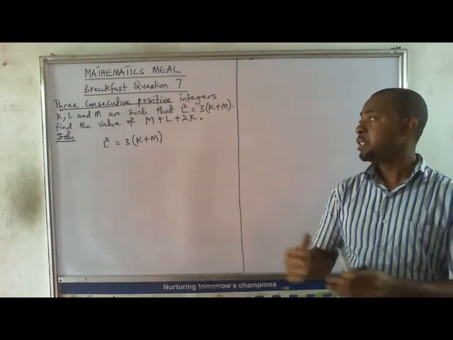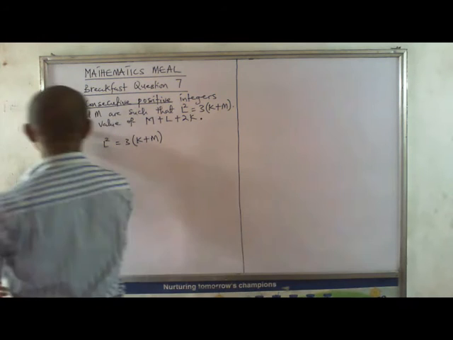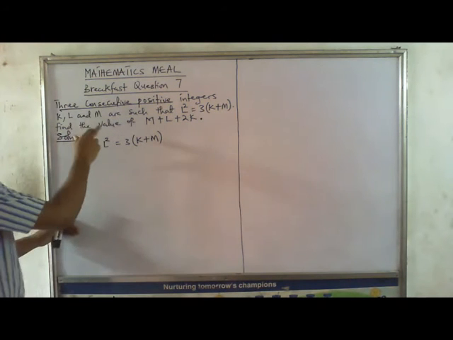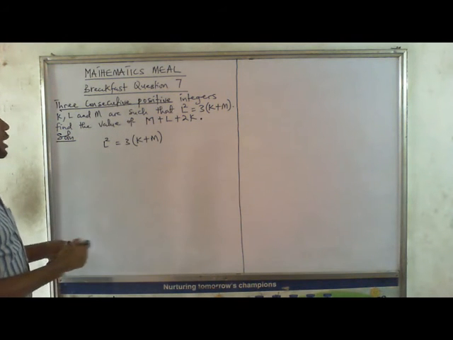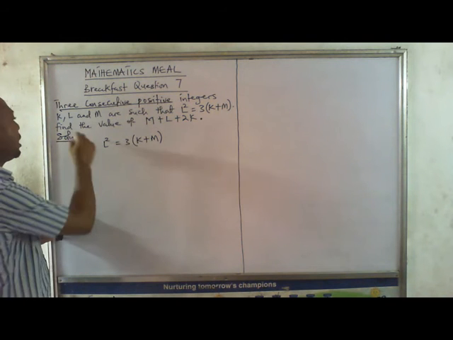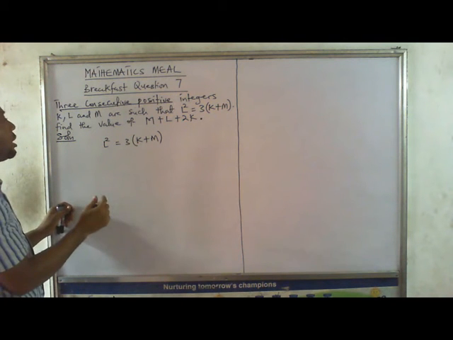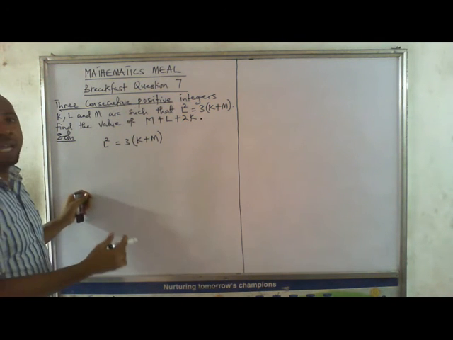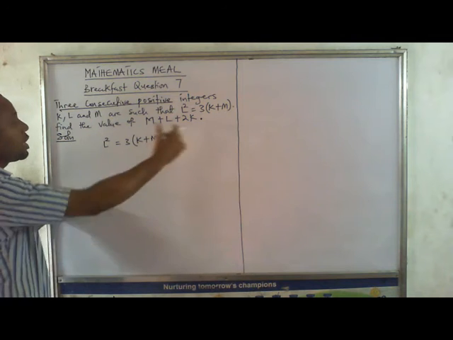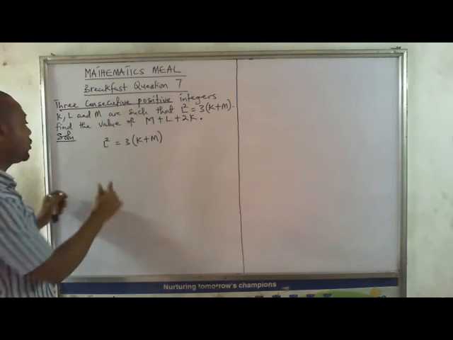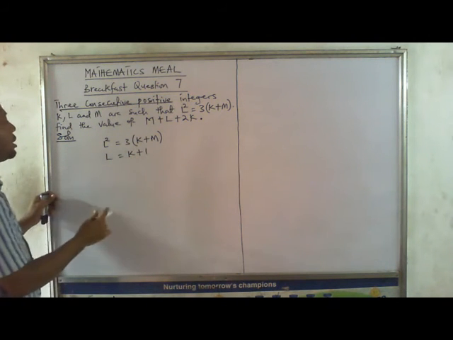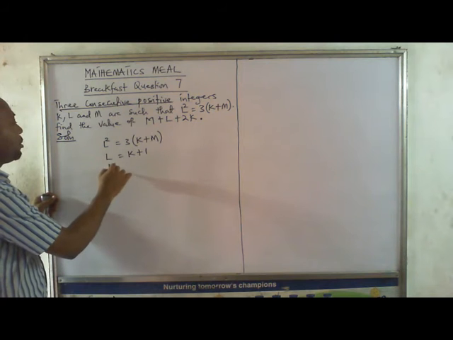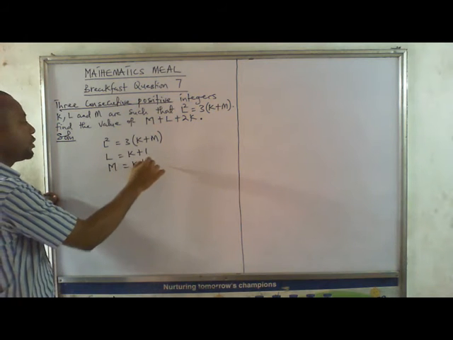So if k is the first number and l is the second number, then m is the next number. Since k is the first number, l will be k plus 1, and m will be k plus 2.